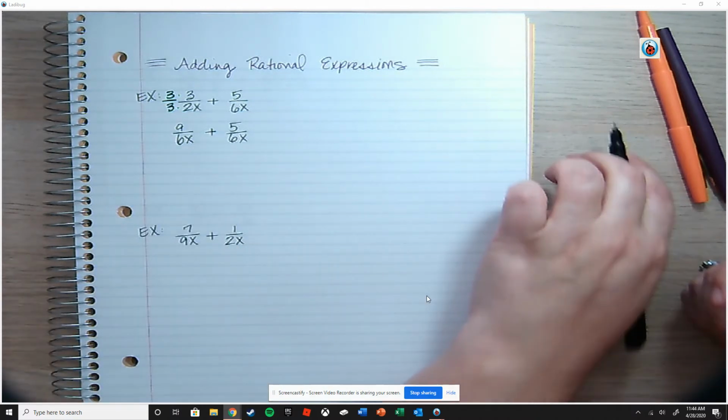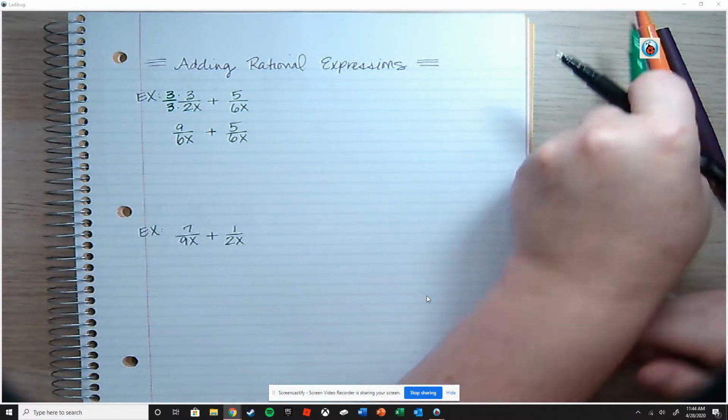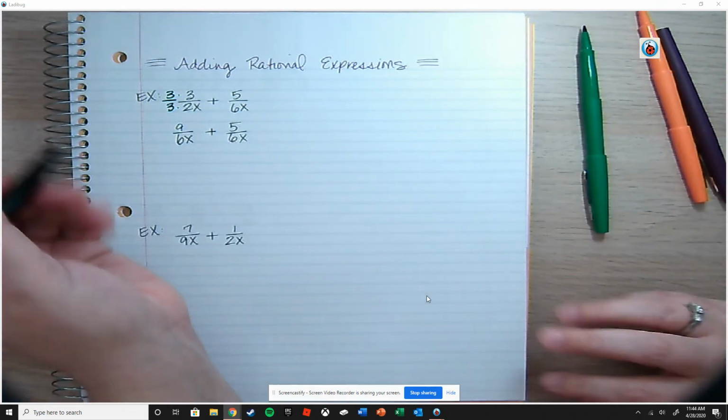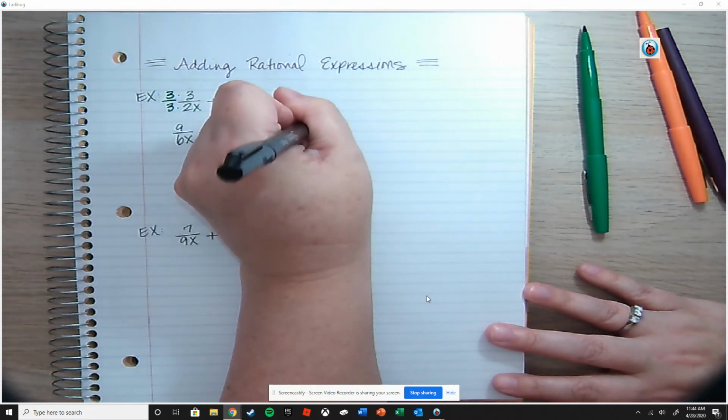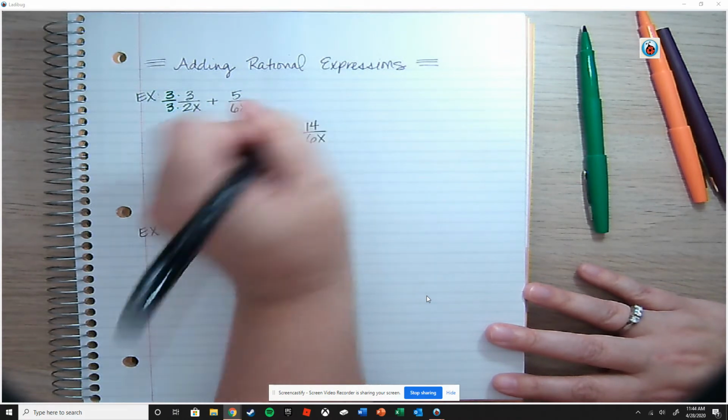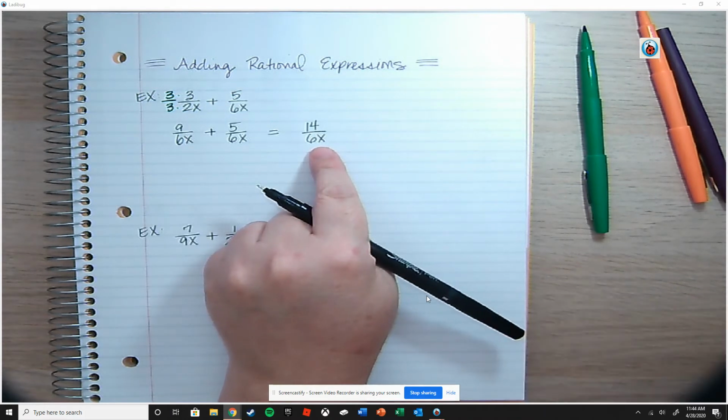Now, when you add fractions, you only add their numerators. So 9 plus 5, that is 14 over 6x. Notice I did not add the denominators. It remains 6x.